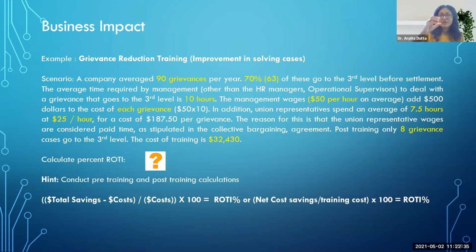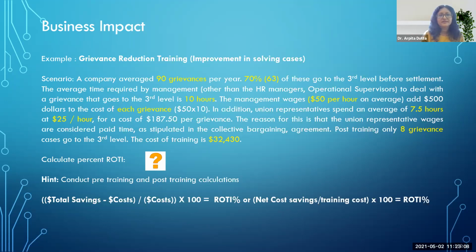Pre-training, a lot of these grievances were unresolved at manager level and HR level, and most of them used to go directly to top management and consultants. Post-training, we see that it's very less now at the top layer. Most of them are getting resolved at the manager level and HR manager. So this is the pre and post. Okay, is the scenario clear?